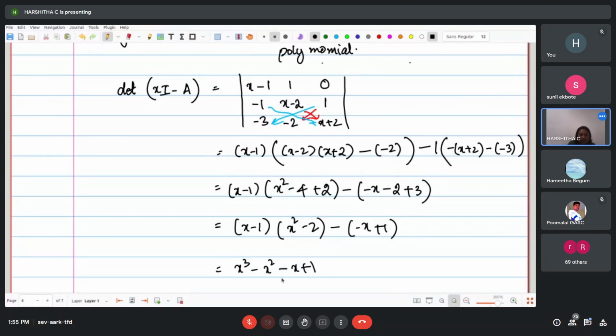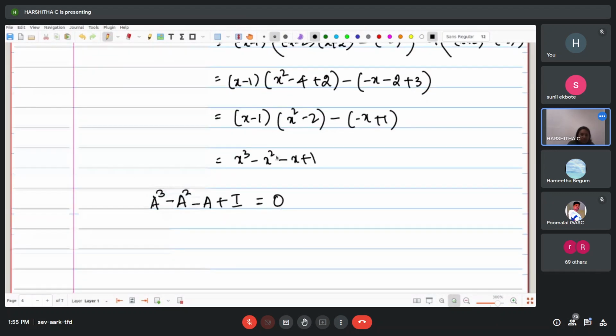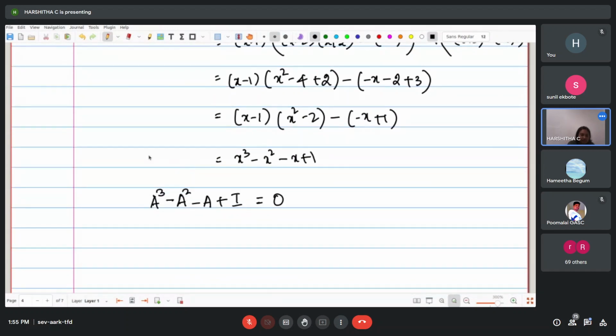You will get the negative of this, depending on the order of A. So you'll either get this or the negative of this. But it's okay. When you're trying to find the roots of the polynomial, it won't really matter.